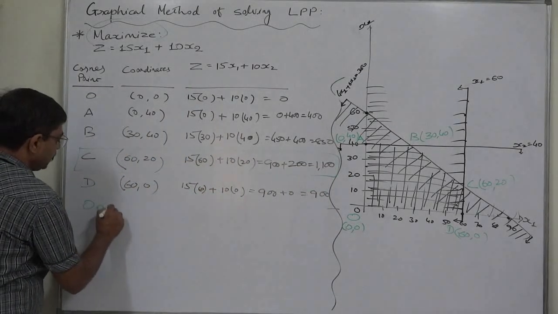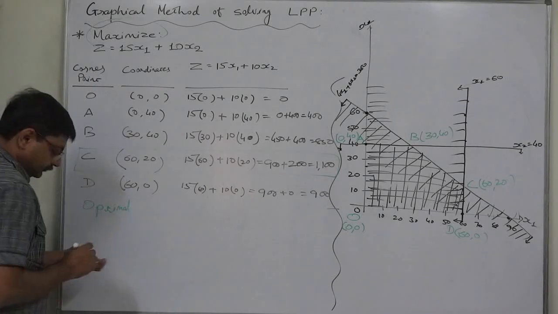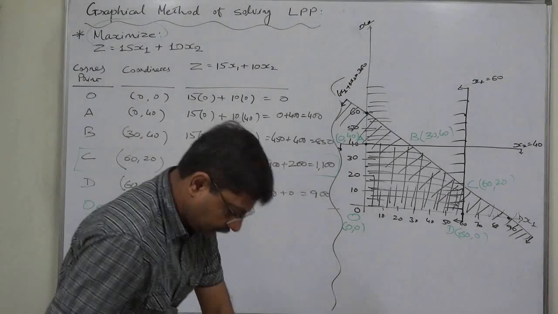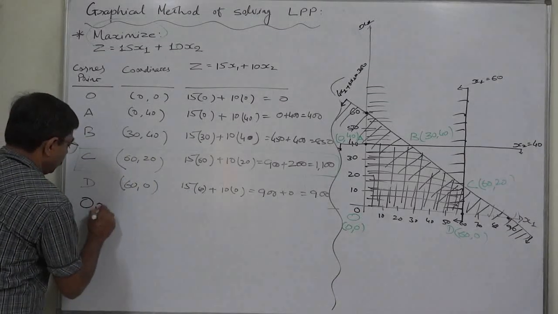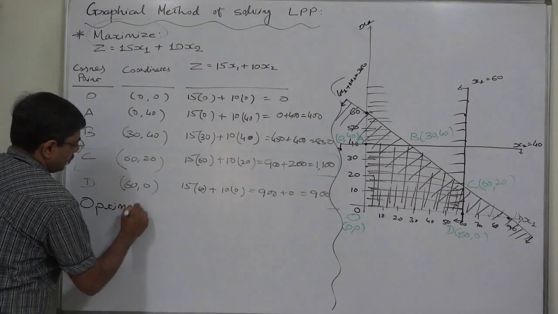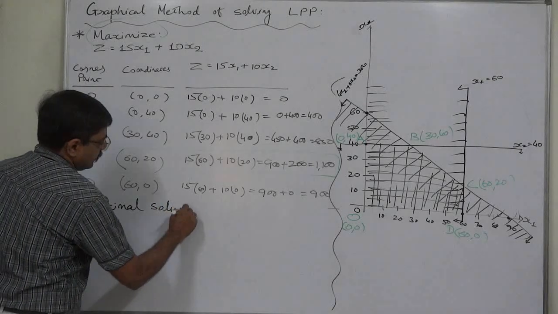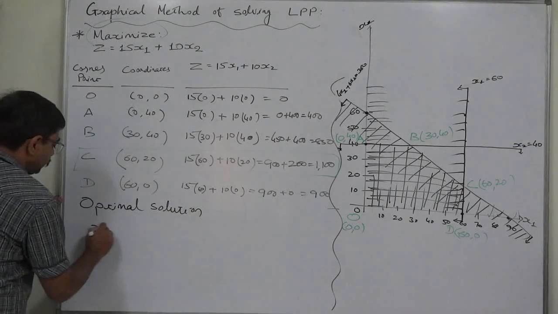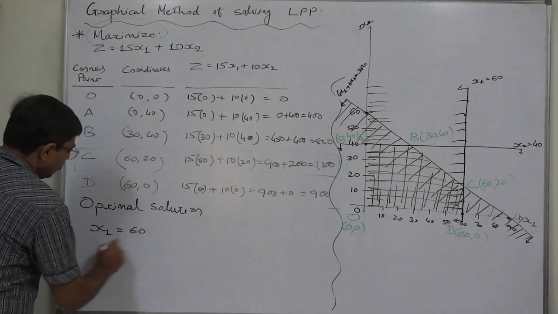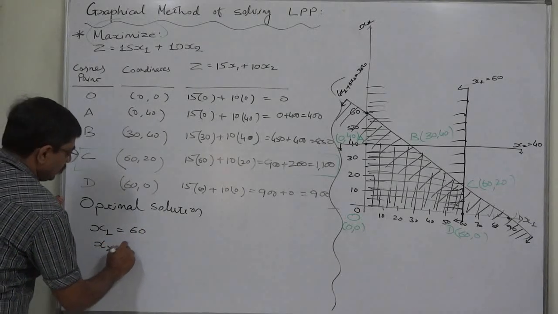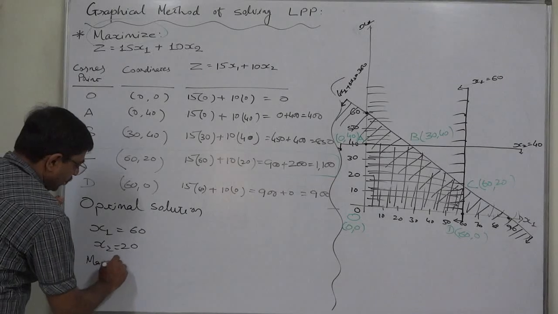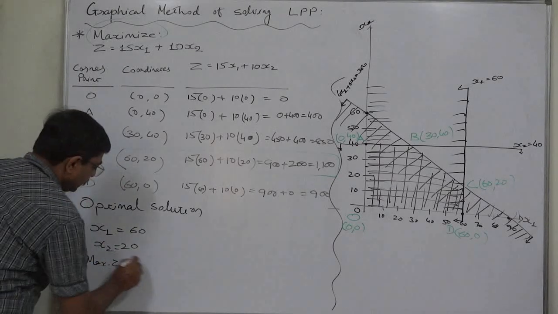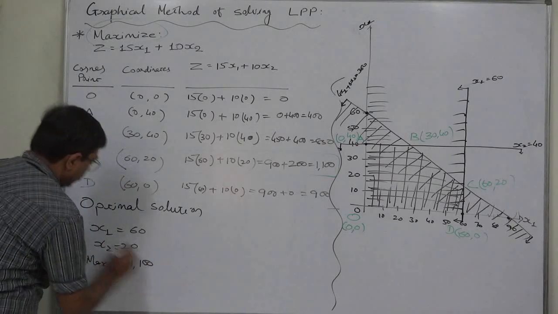So the optimal solution of this LPP is x1 60, x2 20 and maximum z, because the objective is maximization, 1100.